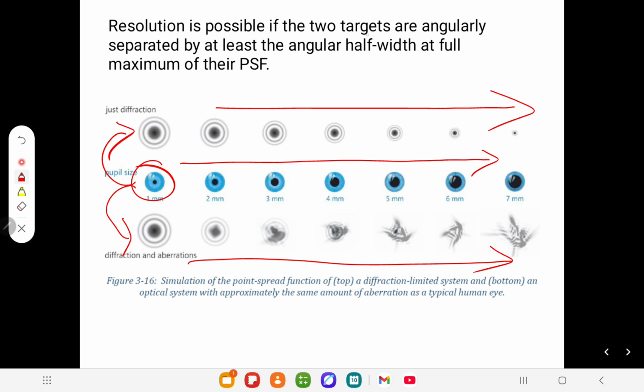Resolution is possible if two targets are angularly separated by at least half of the width of the full maxima of their point spread function. So the Rayleigh criterion is the same in point spread function. It's almost the same: resolution happens when the two maxima are separated by at least half the width of the maximum.